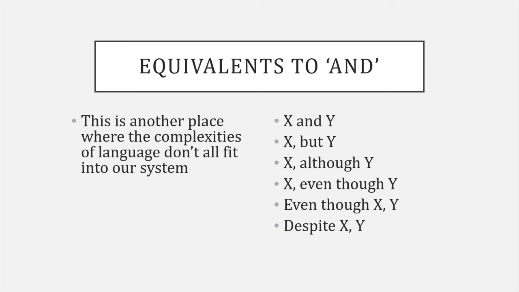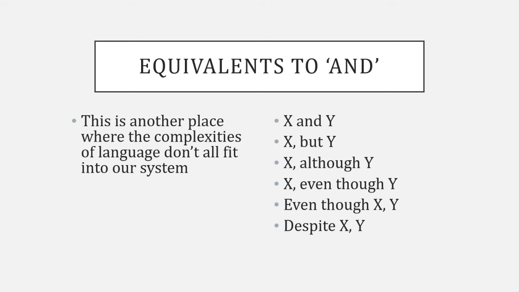Now, as sensitive, intelligent, context-sensitive people, you can tell the difference between and and but, right? Jane's going to be at the party, and I'm happy. Jane's going to be at the party, but I'm happy. Despite Jane being at the party, I'm happy.